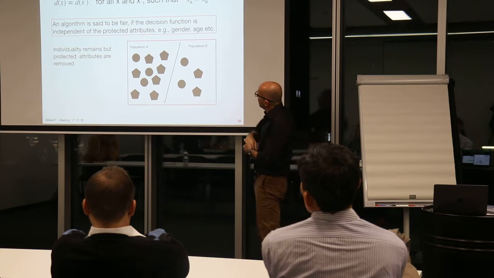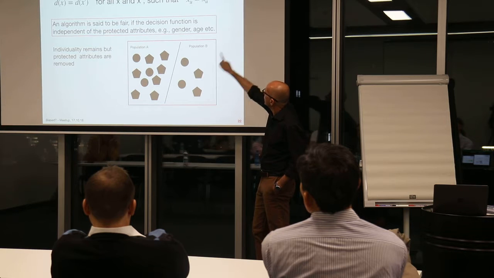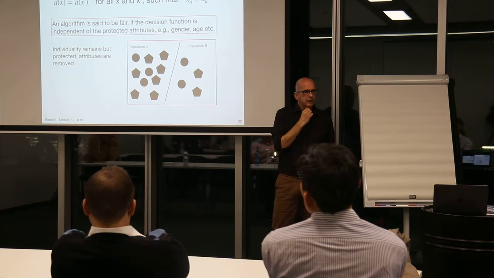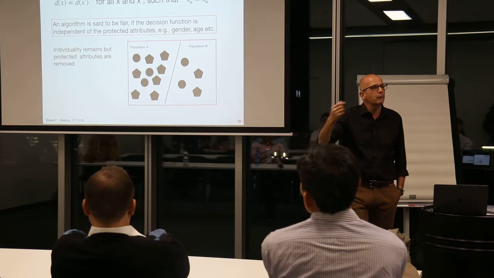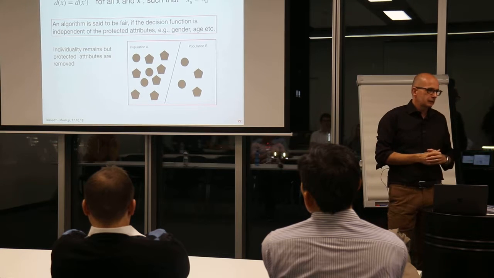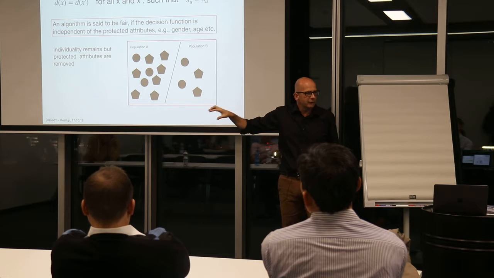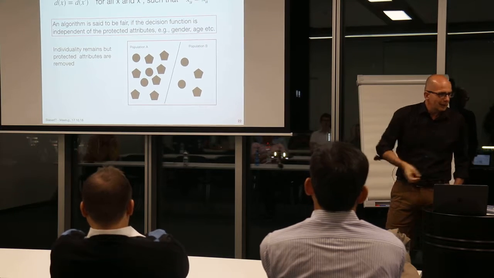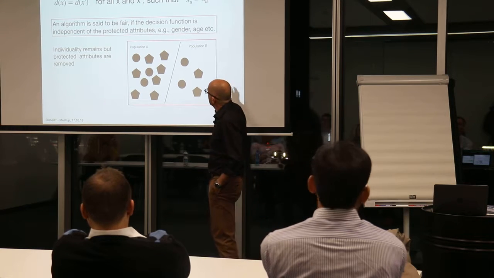Then you hope that the decision function for two different individuals is the same if the unprotected attributes are the same. In that sense, this algorithm would be fair. It does not prefer male over female. This is one technique which is applied, and I'm quite sure that it's one option you can have in your IBM tool you release later.